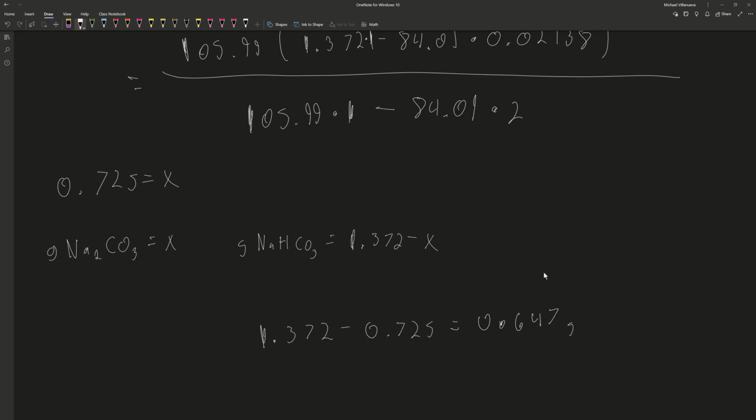So grams of Na2CO3 is equal to 0.725, and grams of NaHCO3 is equal to 0.647.